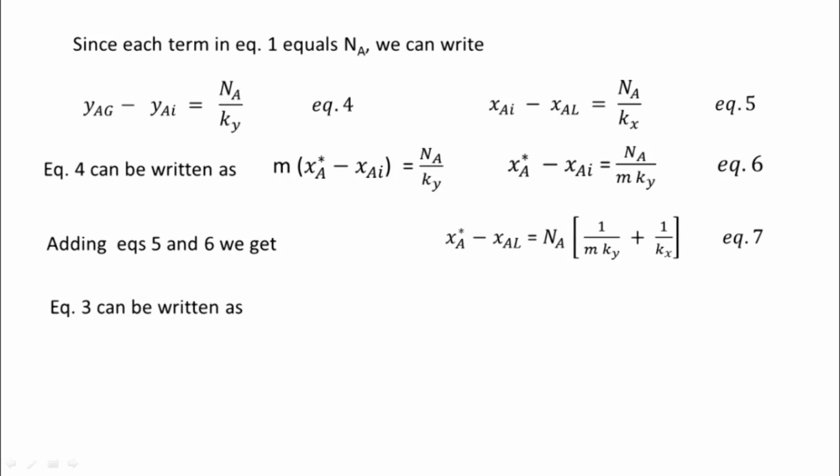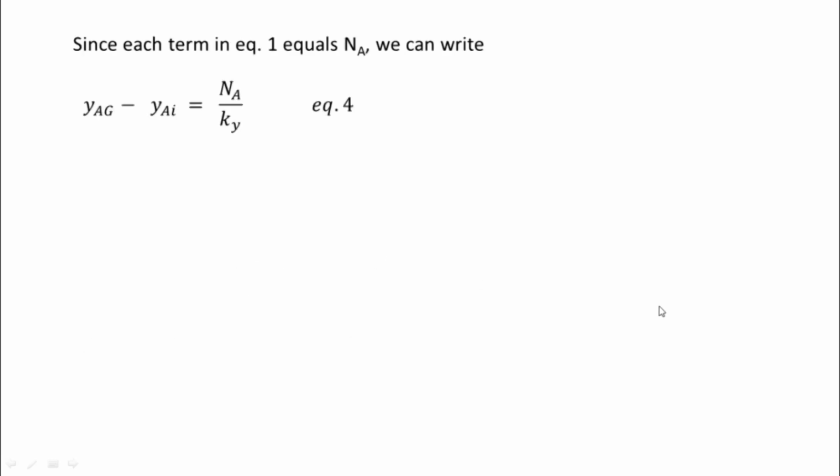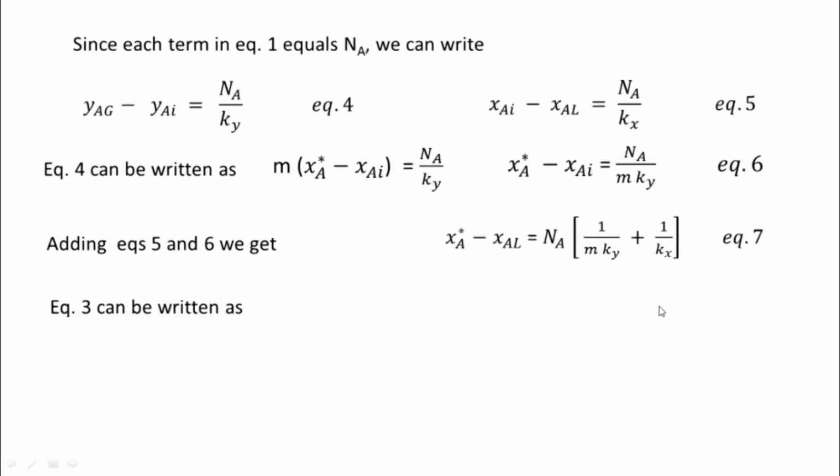Equation 3 can be written as, let us see what equation 3 is. Equation 3 is this, the fluxes in terms of the overall mass transfer coefficients and the overall driving forces. Xa star minus Xal is Na by overall transfer coefficient Kx, equation 8.